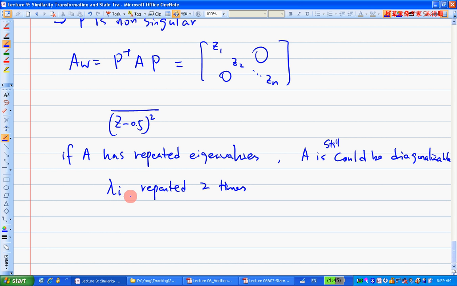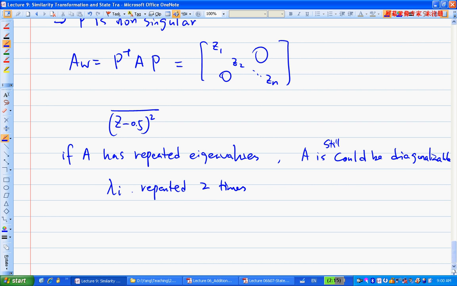If that's the case, then you still have n linearly independent eigenvectors. So basically the whole story boils down to this: if matrix A has n linearly independent eigenvectors, then it's guaranteed to be diagonalizable.